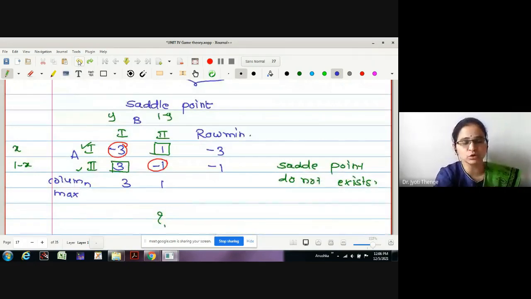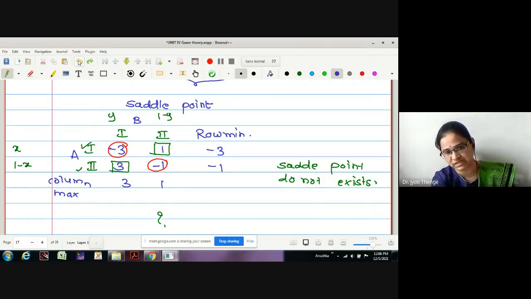What will player B do? Player B will try to find the expected losses. He will find the maximum expected loss if player A chooses to play the first activity. Then, he will find the maximum expected loss if player A chooses the second activity.